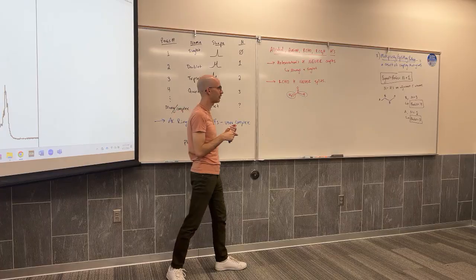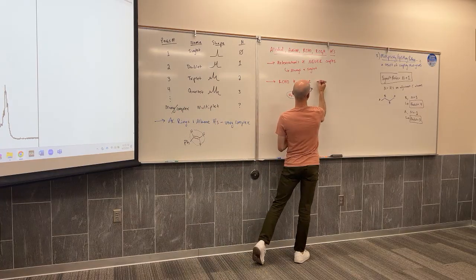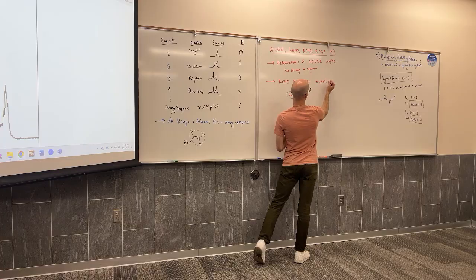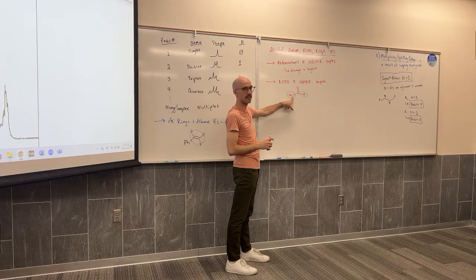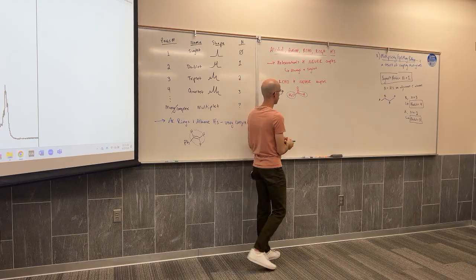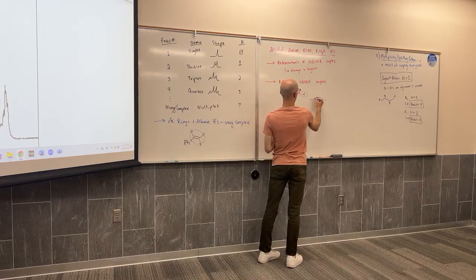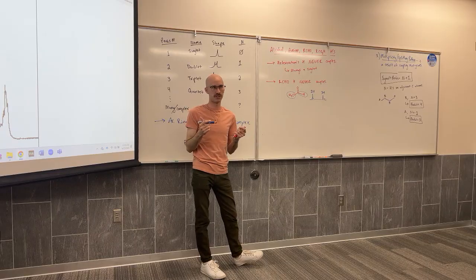So it doesn't count towards the neighbors, and it doesn't become split by its neighbors either. This hydrogen is adjacent to this carbon, but it does not count towards N. This structure would have 2 singlets, a 1H and a 3H singlet. No splitting. Are you okay with this?